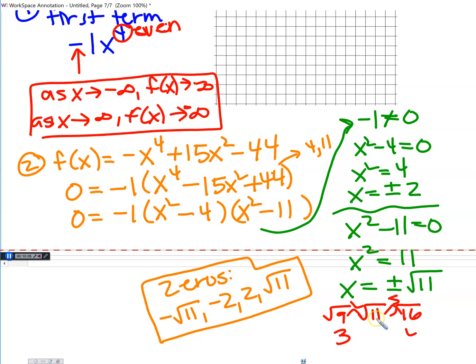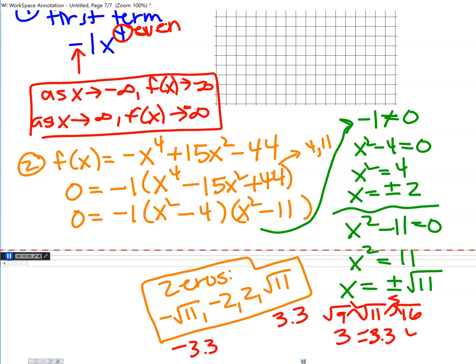So 11 is much closer to 9 than to 16, so the square root of 11 is much closer to 3 than it is to 4. So I'm going to say it's about 3.3. So we have a negative 3.3 for this one and a positive 3.3 for that one as far as an approximation.